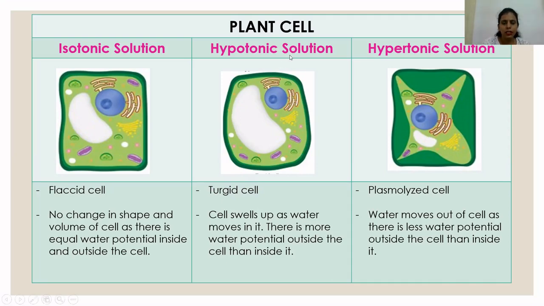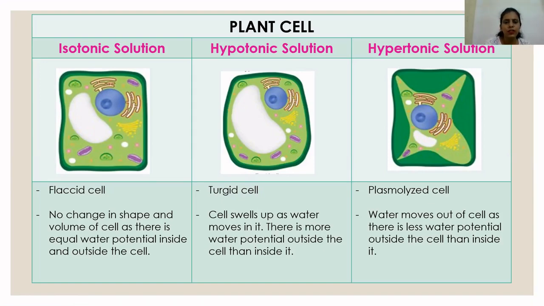Now you know that in case of hypotonic solution, when a cell is placed, water moves inside the cell because water potential is higher in the solution due to low solute concentration. So water will move inside the cell. If we place a plant cell in the hypotonic solution, the plant cell will swell up.